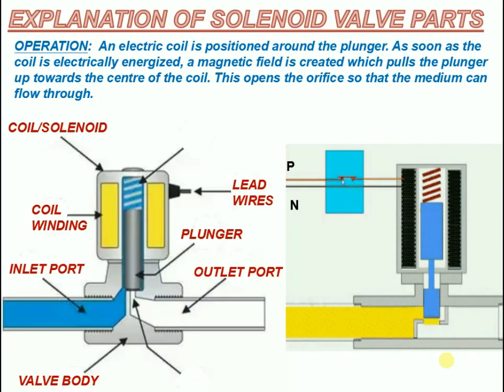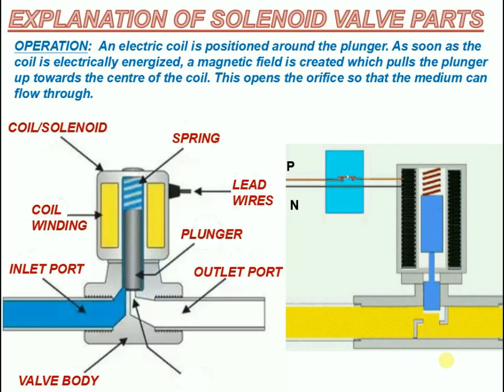Spring. The plunger moves inside the hollow space due to the action of the magnetic field against the action of the spring. The magnetic field generated inside the solenoid valve tends to move the plunger, but the spring tends to stop the motion of the plunger in whichever position it is.